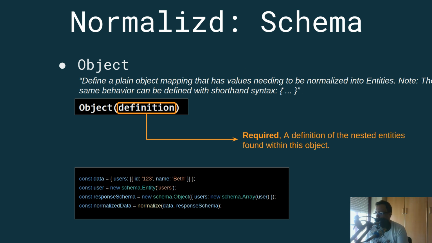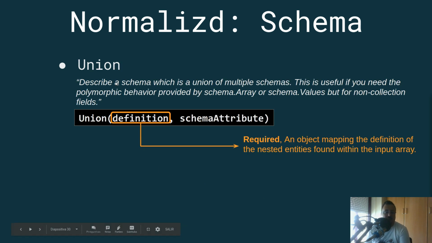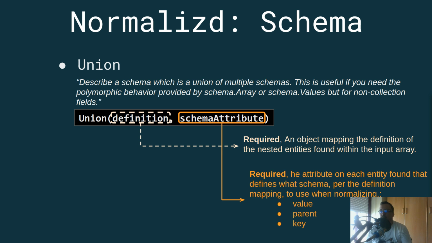Just that way, as you see, usually you will be using array, and union is for a schema that is a union of multiple schemas, if you need polymorphic behavior and crazy things. But we also have the definition, as always, that defines how all the entities nested in our input array, and the schema attribute.